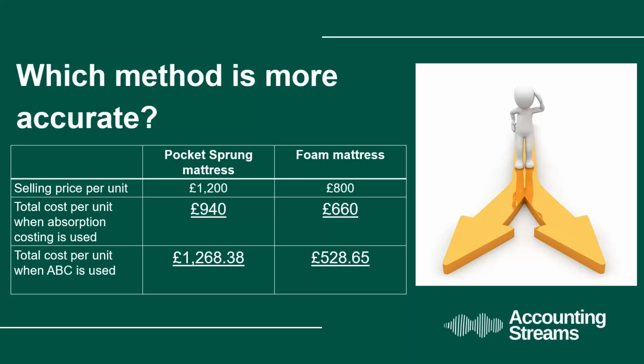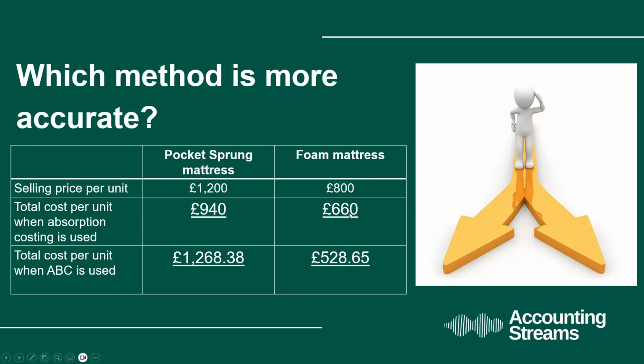It's also useful to consider the selling price per unit. As we're given in the question, the selling price for one pocket sprung mattress is £1,200 and for a foam mattress is £800. If we use the absorption costing method, the total cost of making one pocket sprung mattress is £940. So if we decide to use this method, we can say this company is making a profit by selling pocket sprung mattresses.